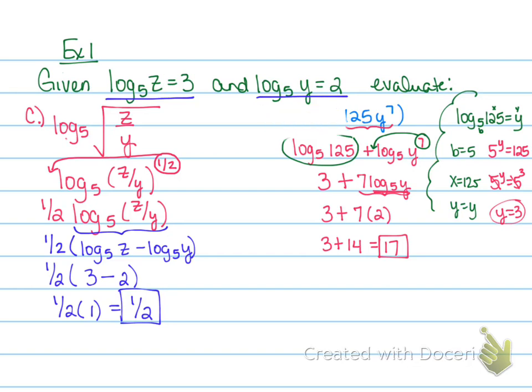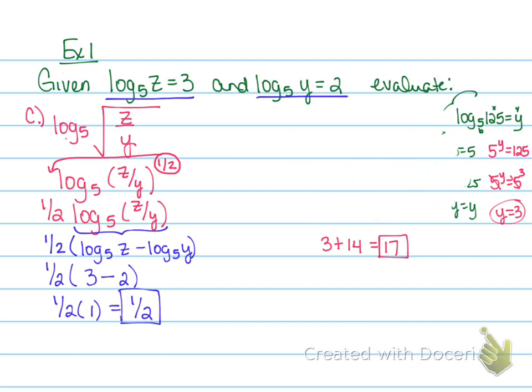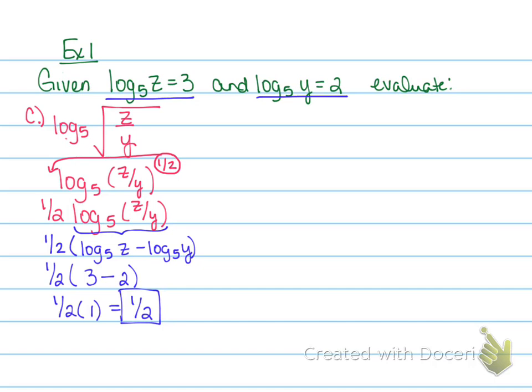And then moving on to D. Let me erase what I have over here now. Alright, so for D, we have log base 5 of z to the 1 over 30, y to the 5th. Alright, we know that what's in parentheses there is being multiplied, so we can expand this.